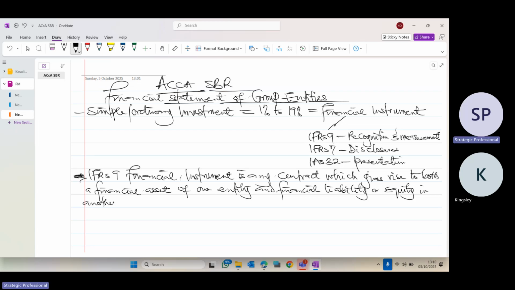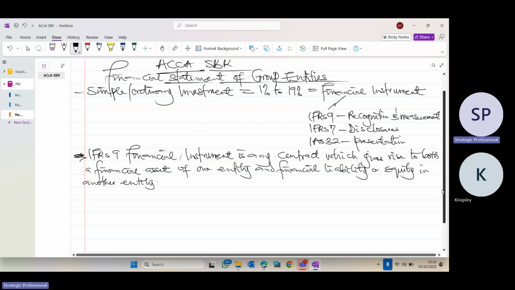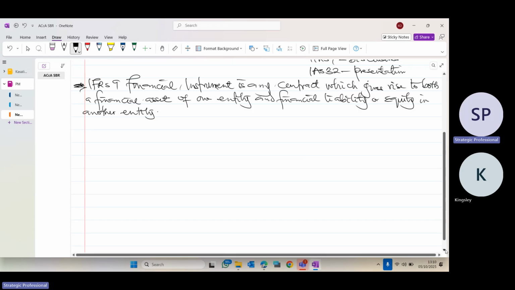In what? Another entity. I haven't said that. When we say financial assets, what do we really mean?